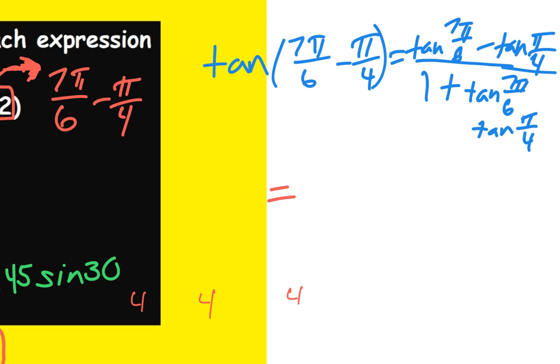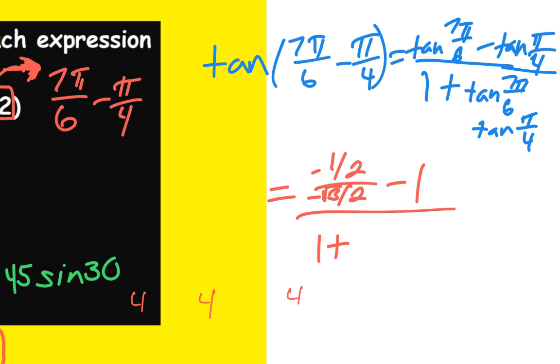7 pi over 6 is negative 1/2 over negative square root of 3 over 2. Pi over 4 is going to be a 1 because it's square root of 2 over 2 over square root of 2 over 2. Then 1 plus negative 1/2 negative square root of 3 over 2.